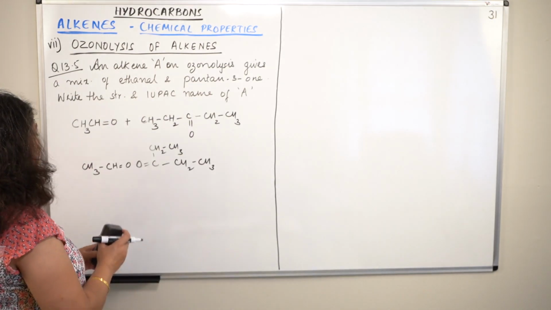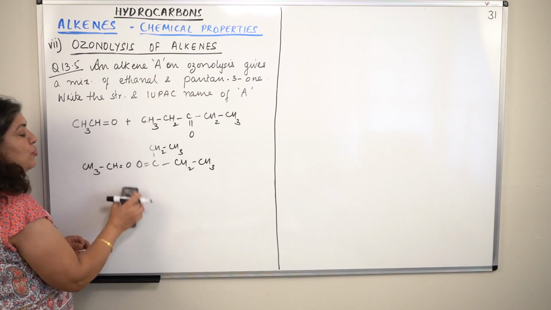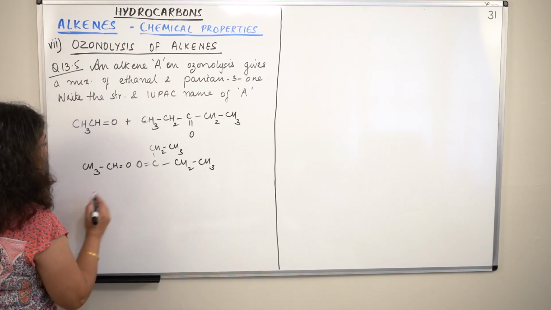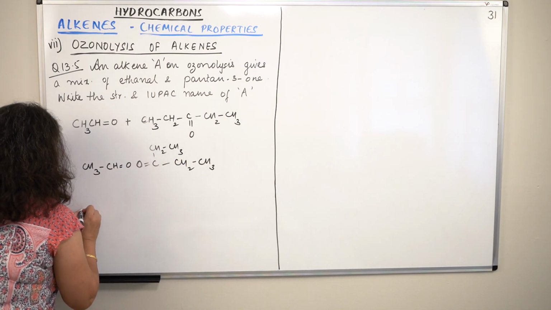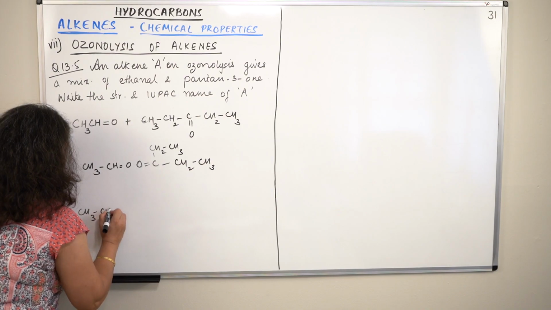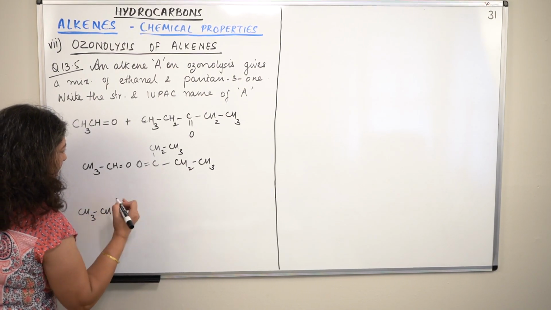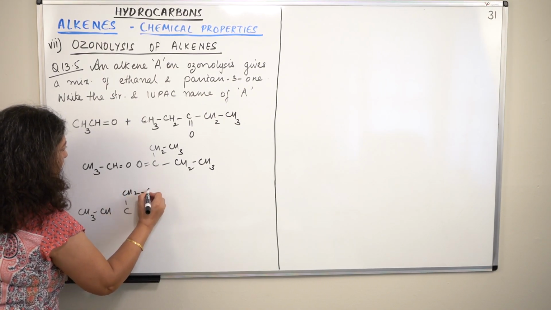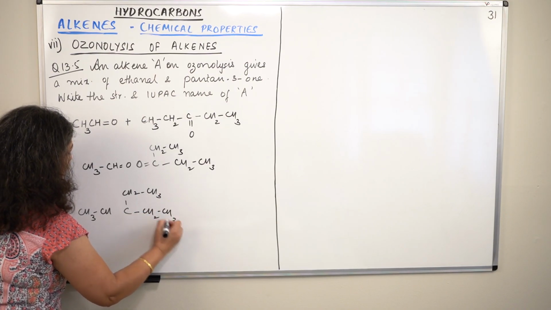Now, in the next step, these are the 2 products. If I remove these 2 oxygens, let me write this down again just to show you how we'd be doing the steps. CH3, CH, and there was a double bond here. Instead of writing the oxygens, I leave the space here and write C, CH2, CH3, CH2, CH3.